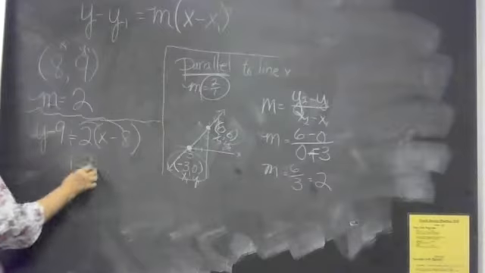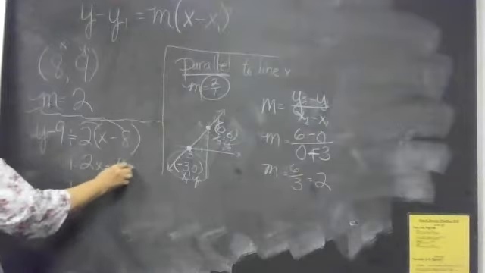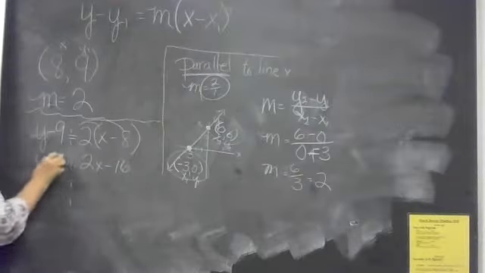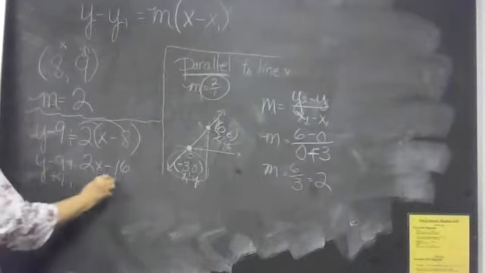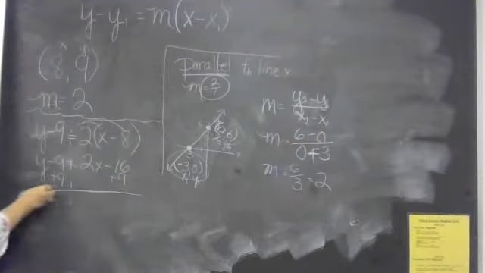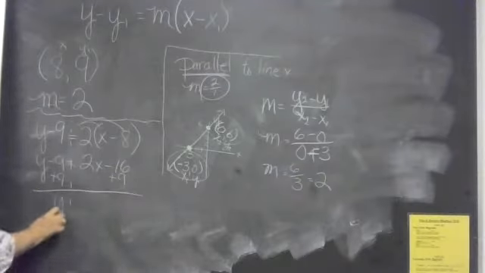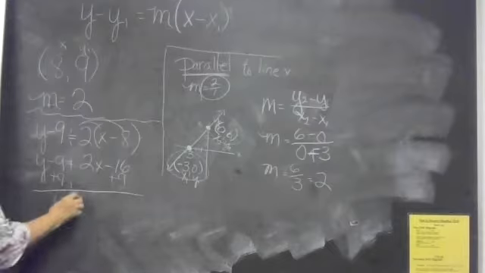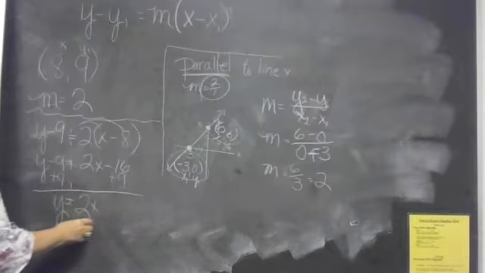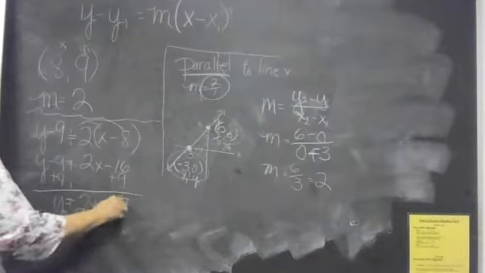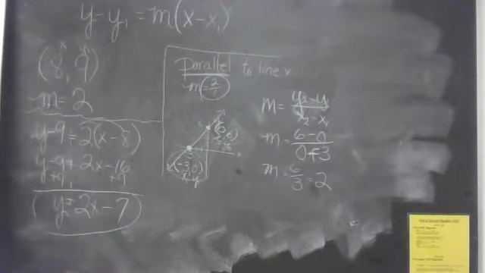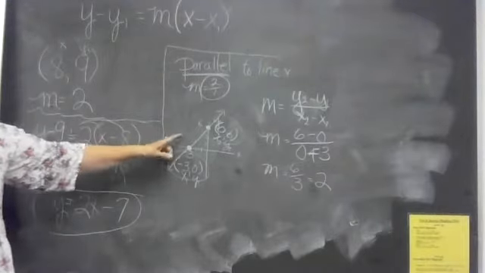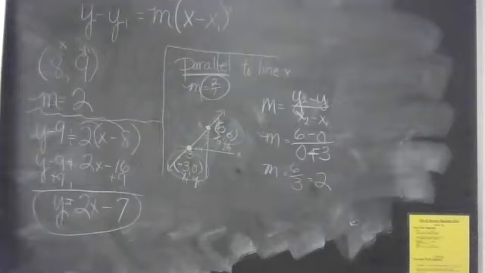So I have 2x minus 16, so now I have y equals 2x minus 7. This line will definitely be parallel to this line because they both have the same slope.